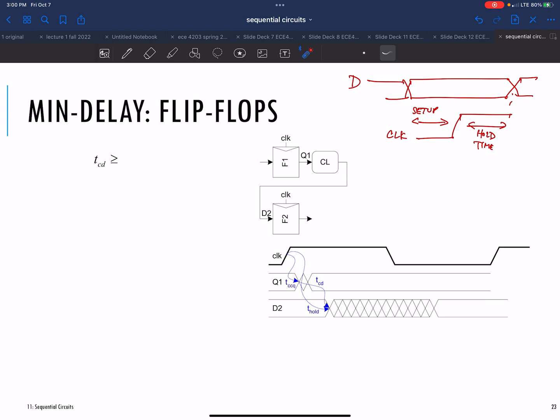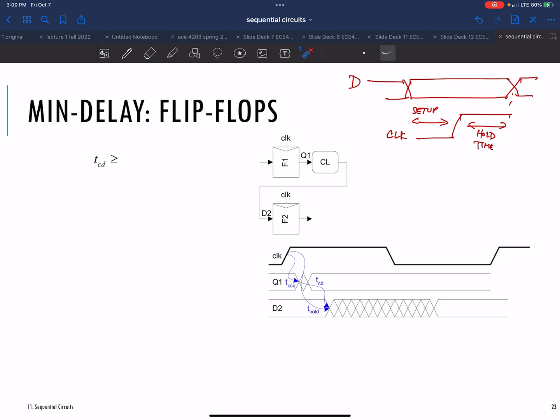So if stuff happens in D before the clock, this stuff can get grabbed by the flip-flop accidentally, right?